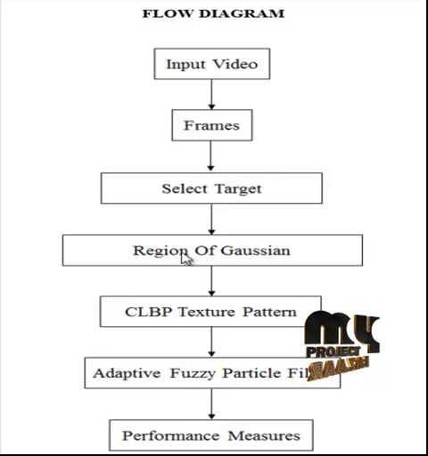The process of region of Gaussian is applied all over video frames, resulting in detection of object position all over the video. The detected object positions were used for further process of tracking and texture extraction process.